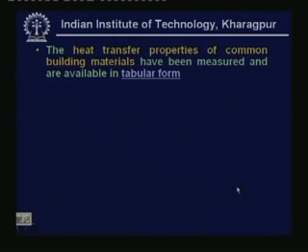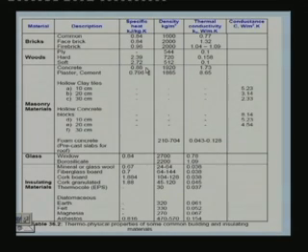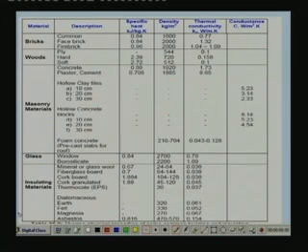The heat transfer properties of common building materials have been measured and they are available in tabular form. Let me show typical values. You can see here that for a wide variety of commonly used materials, you have the properties. For example, for bricks you have common brick, face brick, fire brick.